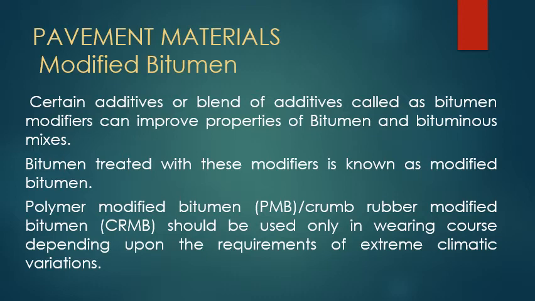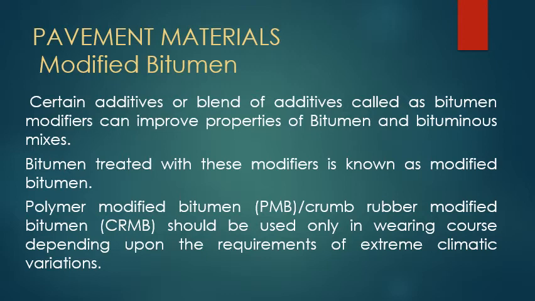Or it may be certain kinds of fillers or extenders, like sulfur. Or fillers like lime, or hydrated lime, or carbon coal, or fly ash. These kinds of chemical modifiers also can be used in case of modified bitumen.